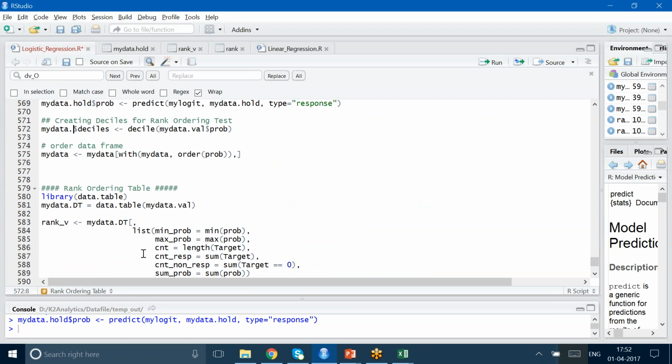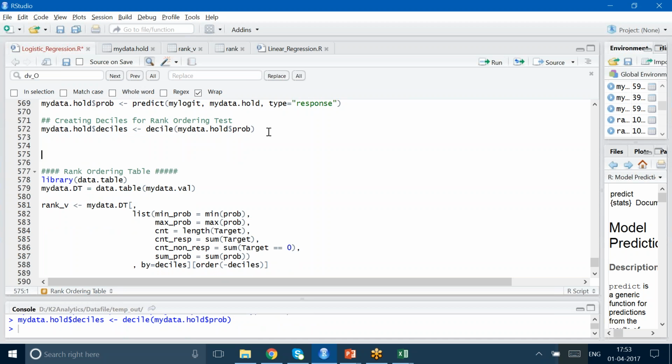Hold. So I have to say hold, and here probability from hold has to come. So I compute that. This library is already imported. I don't want it.